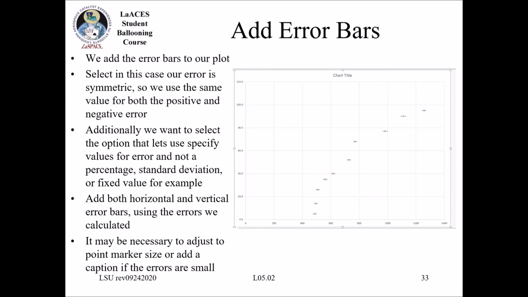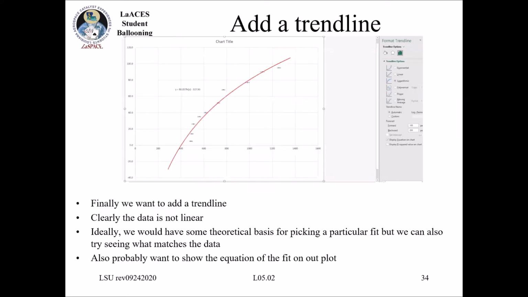In that case, they're not going to be symmetric, but in this example they are, so we just use the calculated errors as both the positive and negative error. Additionally, a lot of your software is going to have an option that lets you pick different ways of specifying these error bars, like a fixed value, a percentage, or a standard deviation.